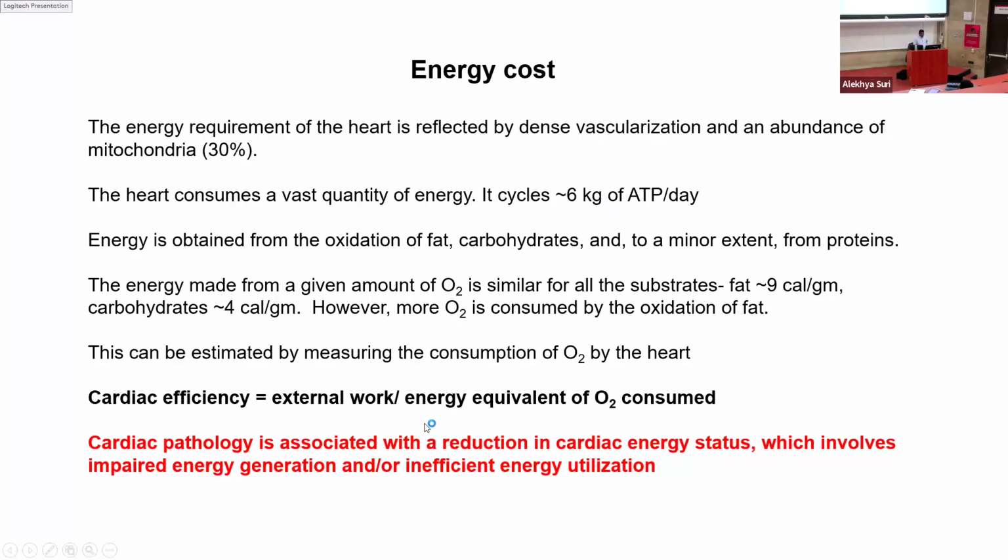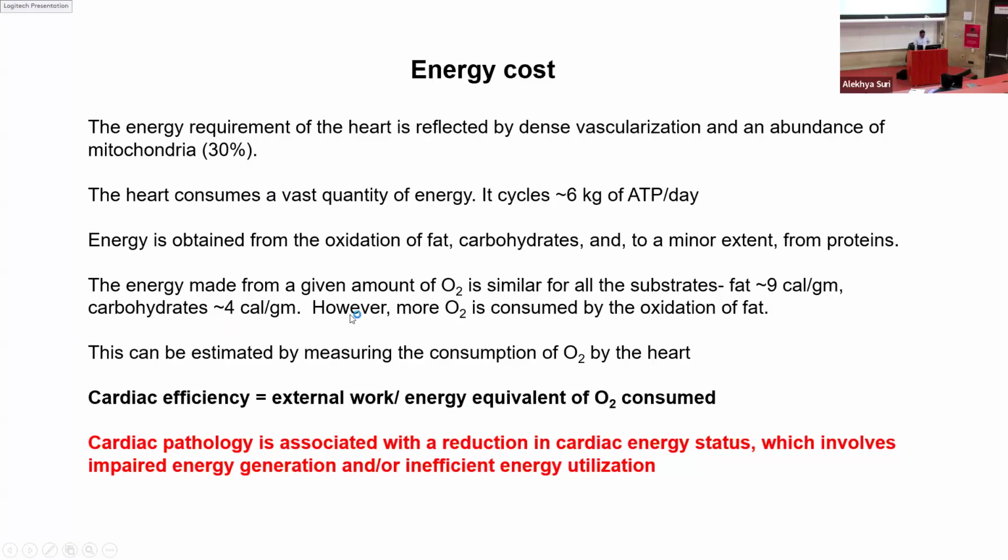So most of the energy comes from the oxidation of fat and carbohydrates, and to some extent from other sources like proteins and amino acids. And the adult heart prefers fatty acid. The neonatal heart and embryonic heart use carbohydrates as a primary energy source.